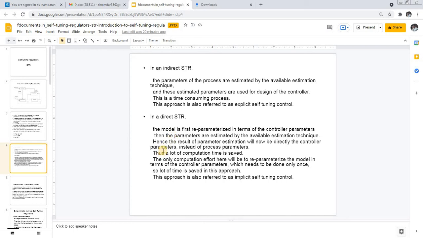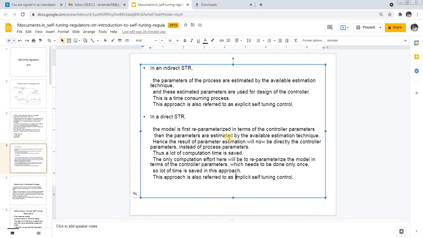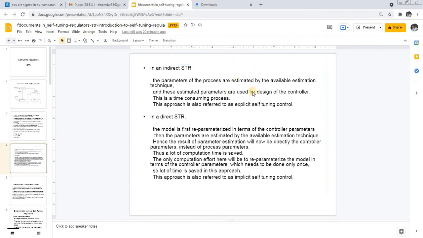Also a lot of time is saved in this approach. It is a much less iterative procedure, and this approach is referred to as implicit self-tuning control. Direct STR is referred to as implicit self-tuning control, whereas indirect STR refers to explicit self-tuning control.